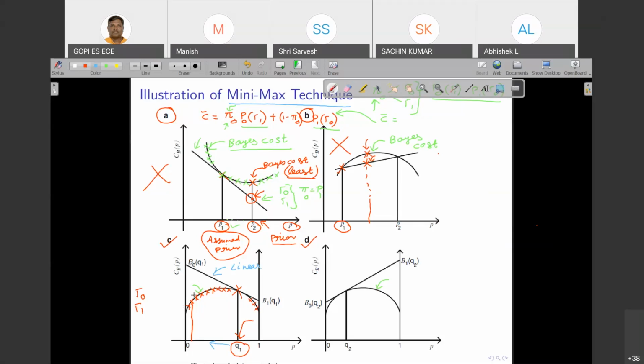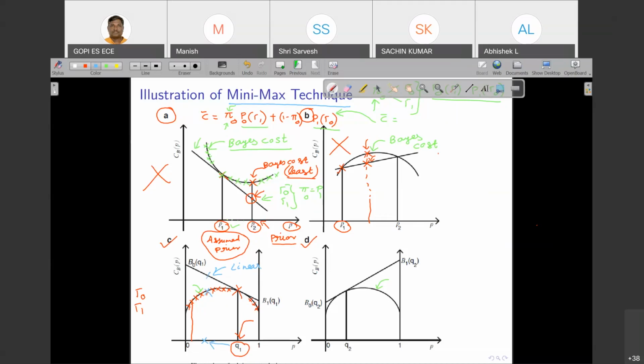For any arbitrary prior probability, the best choice should be the base solution only. So that is true here.